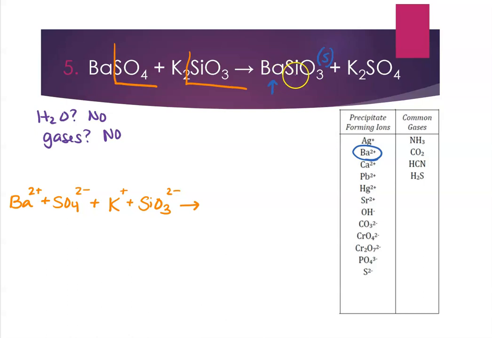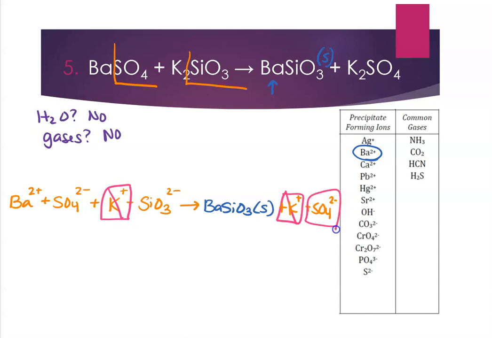And then we have BaSiO3. We said that that was the solid, so that stays together. And I put an S to indicate that. And then lastly, I have K+, and then I have SO4 2-. So if I look at this here, I have K and K cancel, and SO4 and SO4 cancel.